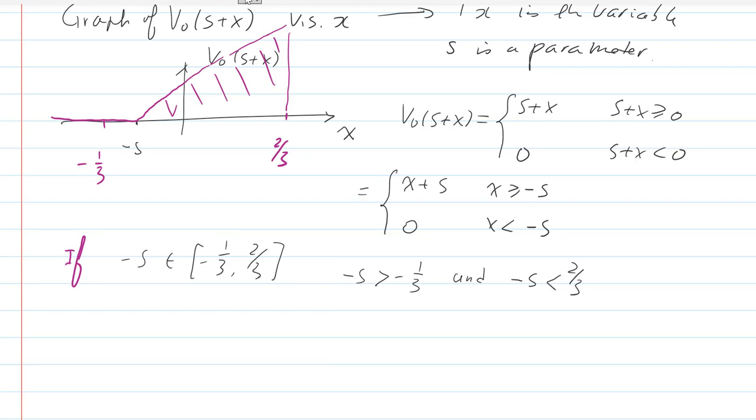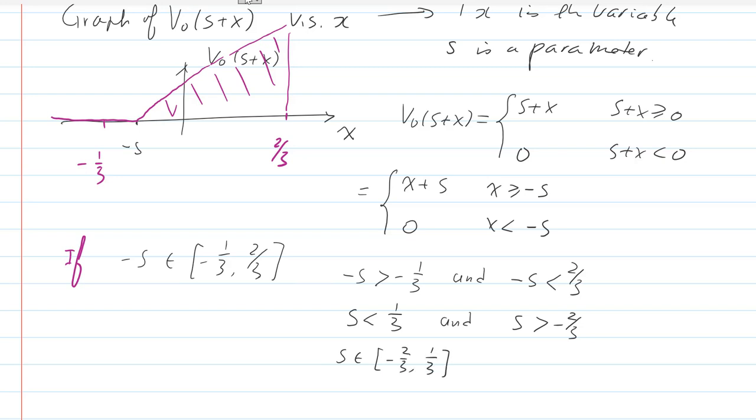If you multiply by negative sign on both sides, we know you switch the inequality. So this one over here means s is less than 1/3, and over here means s is going to be greater than negative 2/3. So really here means s is between negative 2/3 and 1/3.